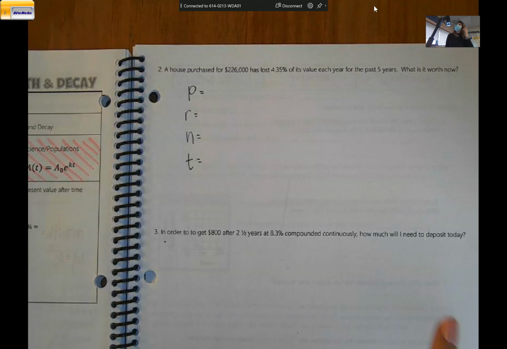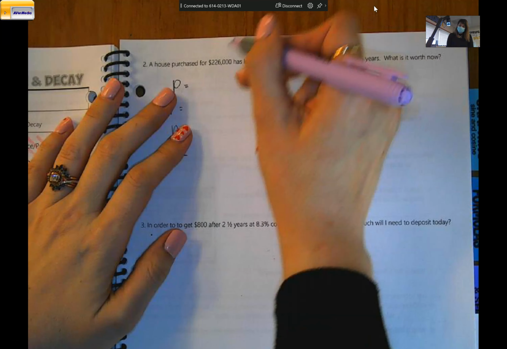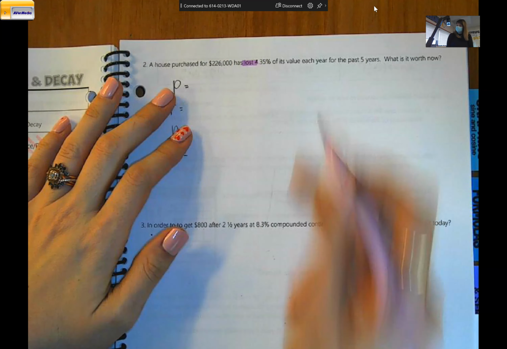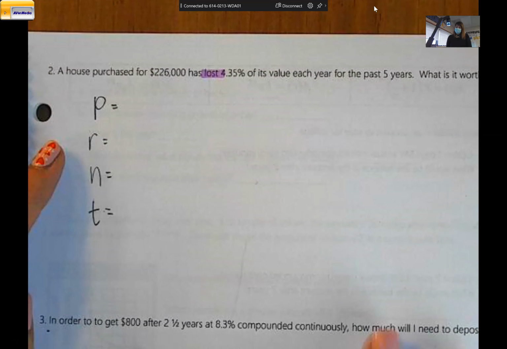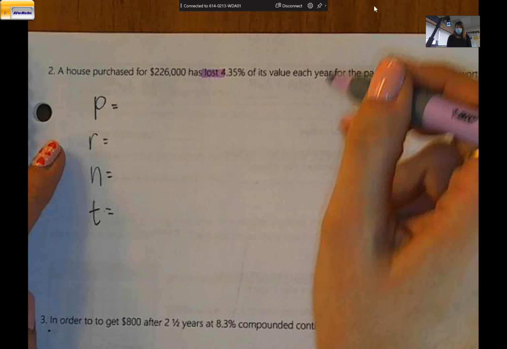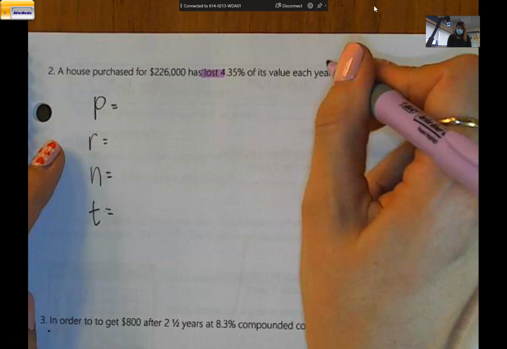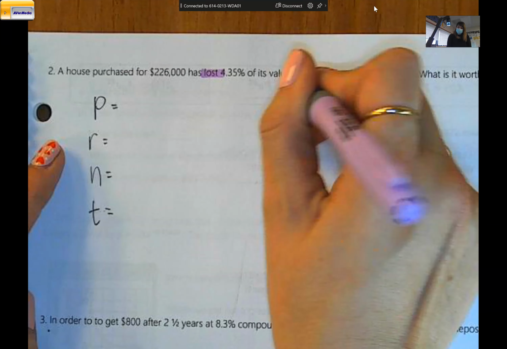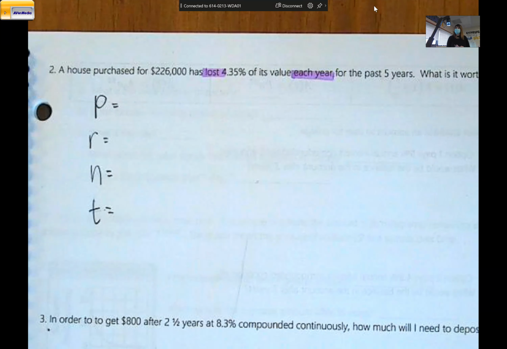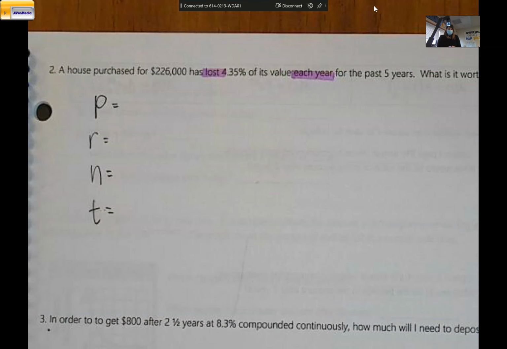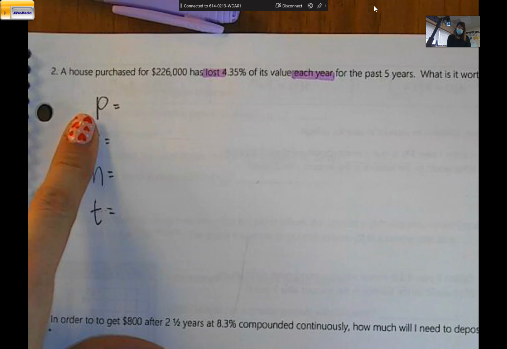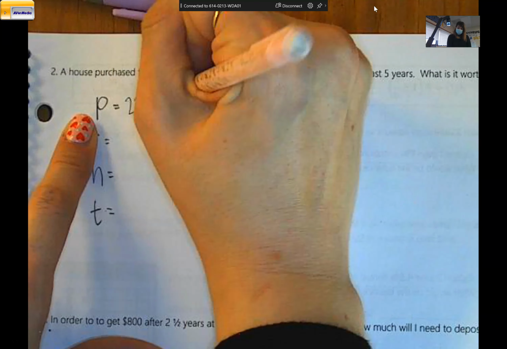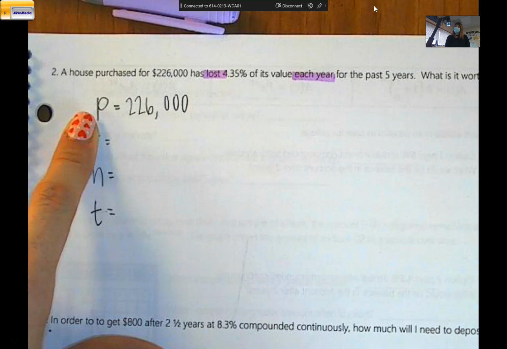Okay, there's a couple things in here that are different. The first thing is that you lost money. So this isn't growth, this is decay. The second thing is the period they sneak in there. They're not very clear about the period. They say it loses value each year. So your principal amount or your starting amount is 226,000.